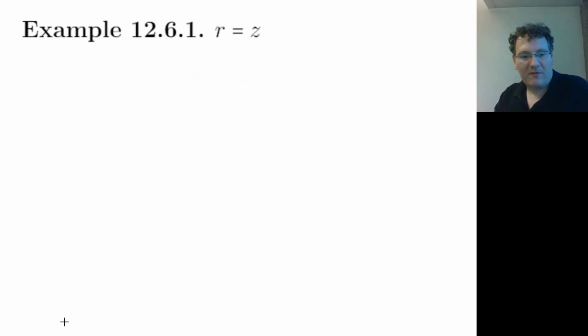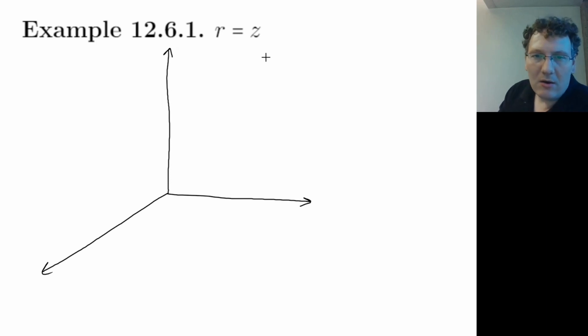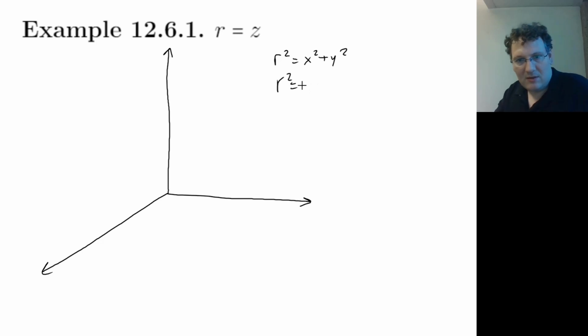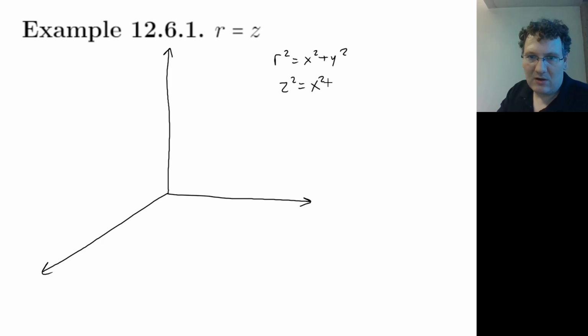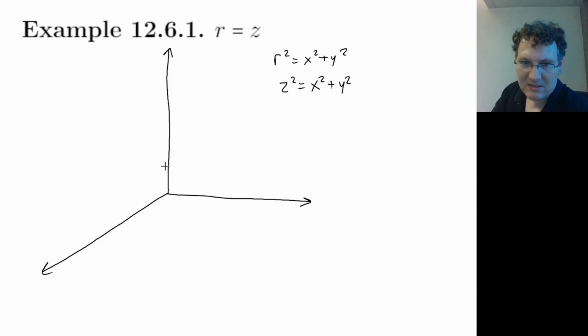Let's give an example of what something might look like in cylindrical coordinates. Let's sketch this thing out. So if r is equal to z, remember r squared is equal to x squared plus y squared. So that means r squared, z squared, is equal to x squared plus y squared, for whatever z. The distance away from the axis is going to be equal to z.